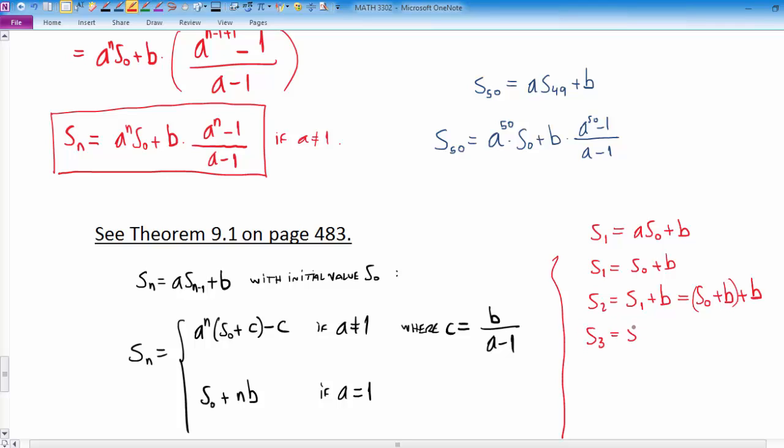S3 would be S2 plus B. That would be the previous one, S naught plus B plus B plus B. And you can see the pattern here. S3 is S naught plus 3B. S4 would be S naught plus 4B. And Sn would be S naught plus nB.